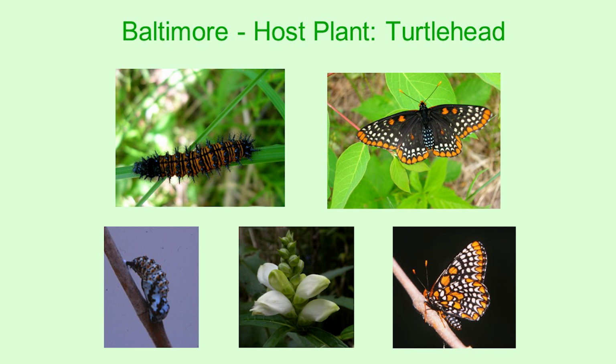And then here you see the top picture, the upper side of the Baltimore, and the lower picture is the underside of the Baltimore butterfly. It's not a real common butterfly in Michigan. The swallowtails that we just reviewed were all fairly common.